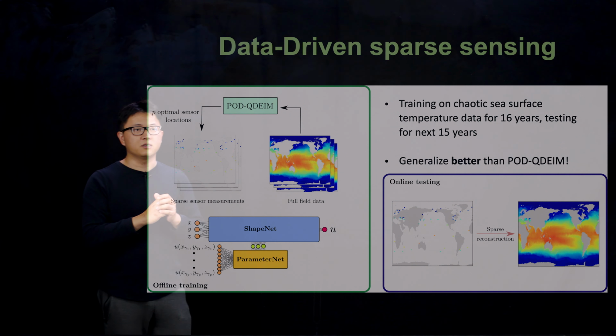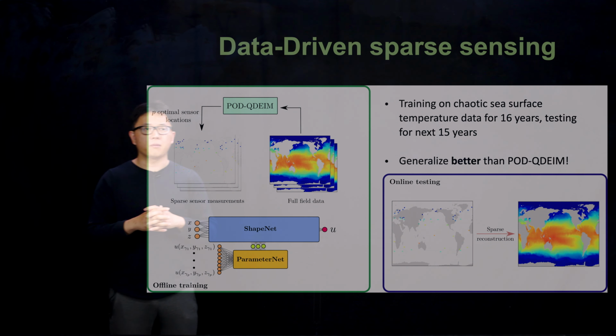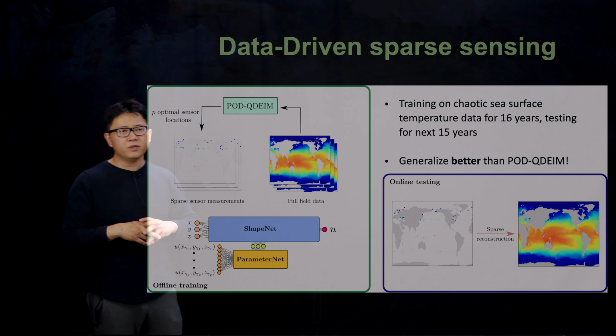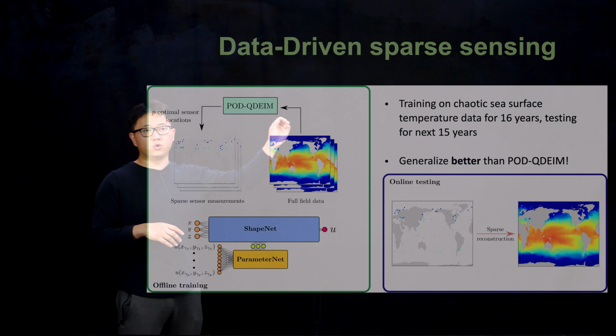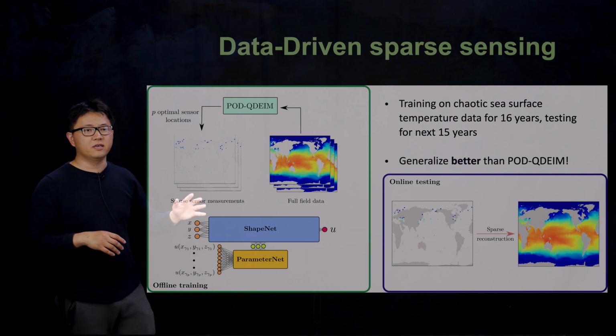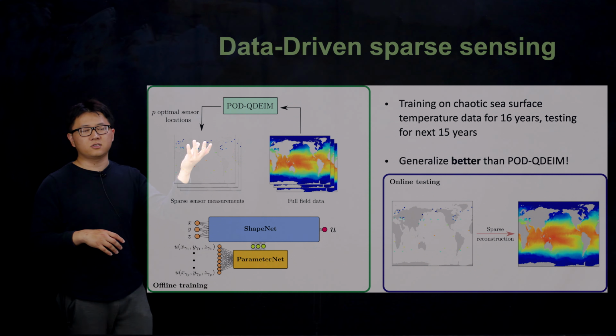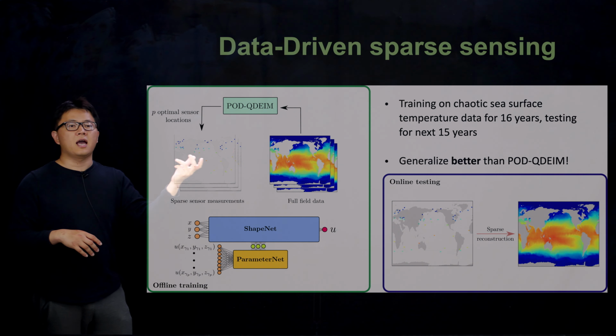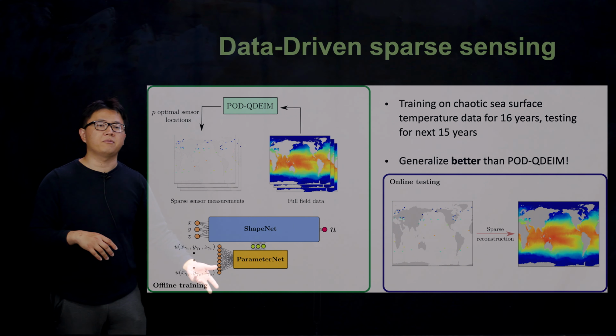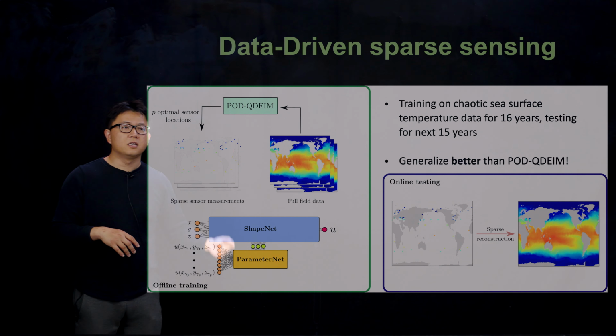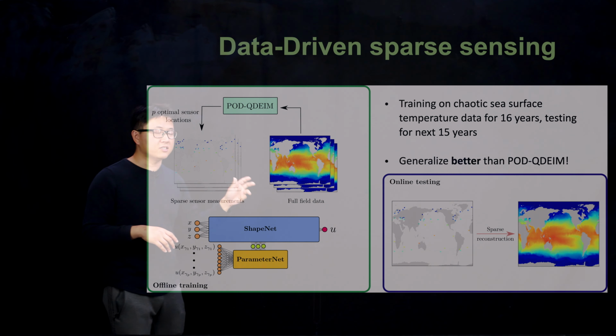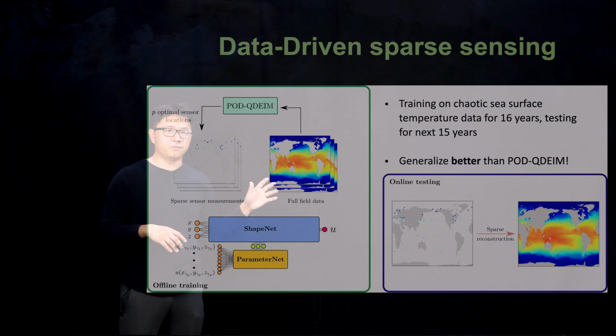So this is a sparse sensing problem. And so here we use POD-QDEIM to select where the best sensor locations are. Once we get those best sensor locations, we take the measurements and we can feed them into a parameter net right over there. Okay, so here the problem we're choosing is a sea surface temperature prediction problem.